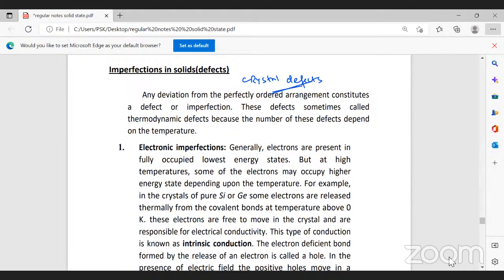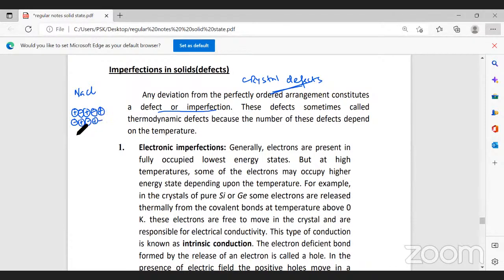All right. Now, any deviation from a perfectly ordered arrangement constitutes a defect or an imperfection. For example, if I take sodium chloride, sodium is positive charge, chloride is negative charge. If I arrange sodium chloride like this, observe this crystal carefully.